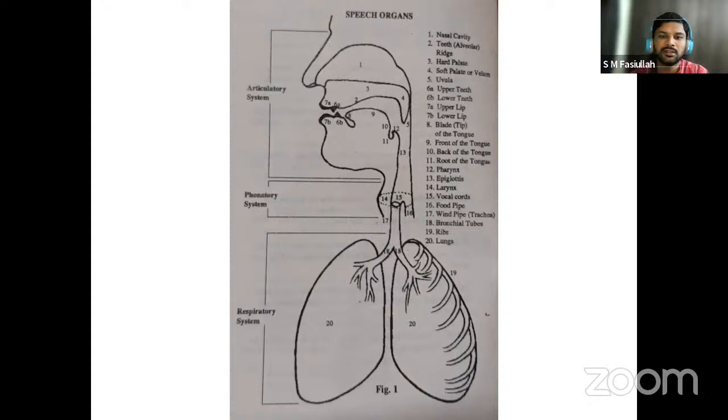The part where we have our vocal cords is called the phonatory system. And the one below your Adam's apple or vocal cords is our lungs, which are responsible for the air that we take in and the air we send out. These lungs and other things within that are called the respiratory system.